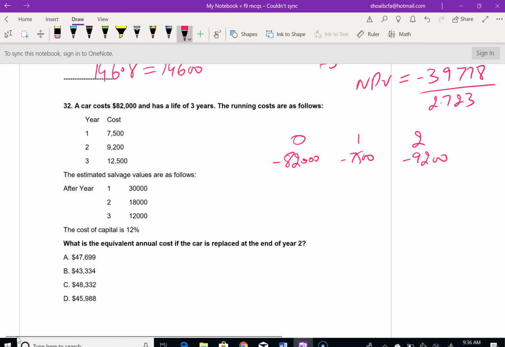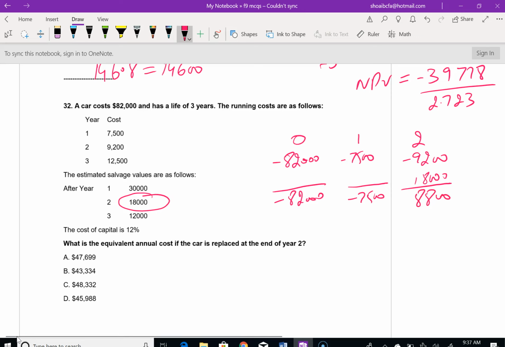And if we replace at the end of year 2, 18,000, it will be a positive number. Minus 82,000 and this will be 18,000 minus 9,200. This is 8,800.